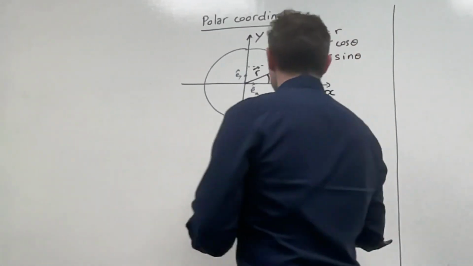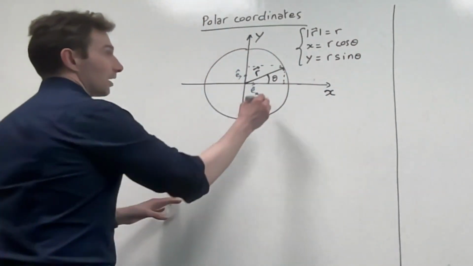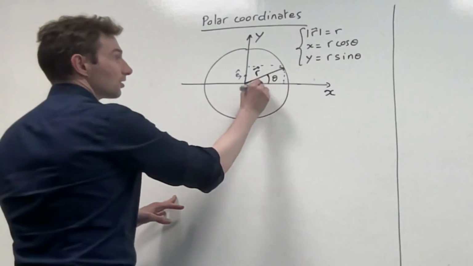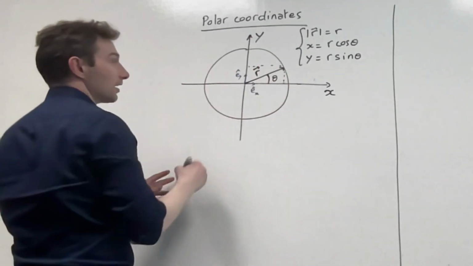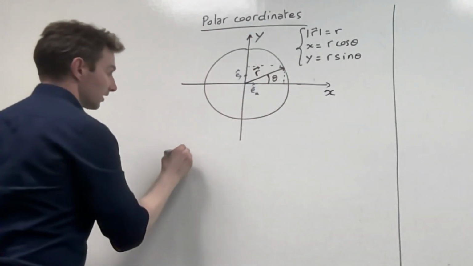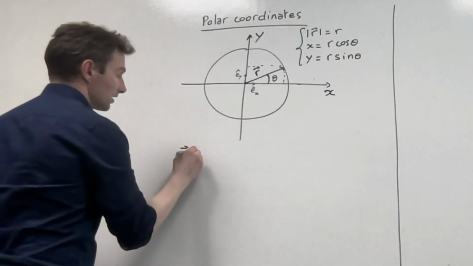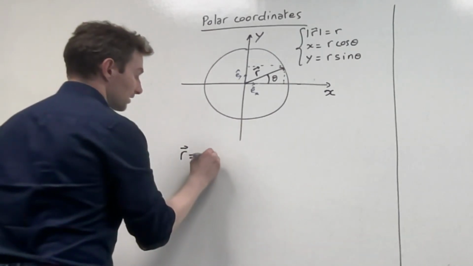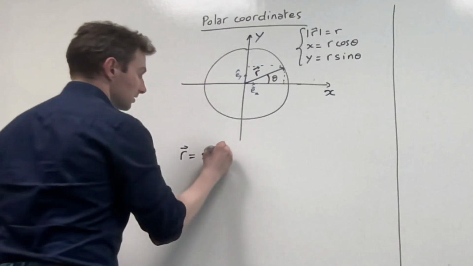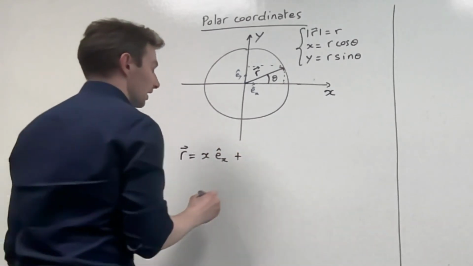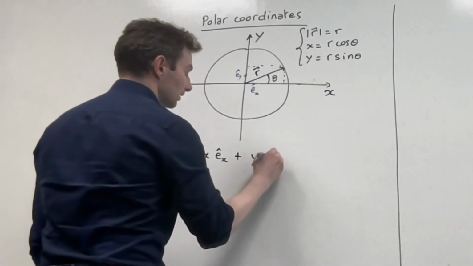So what I can say is that I can look at the projection on the x-axis and y-axis and write that r is equal to x ex plus y ey.